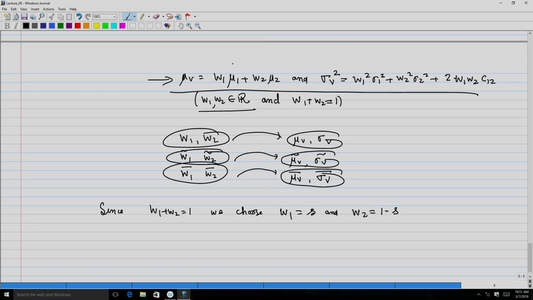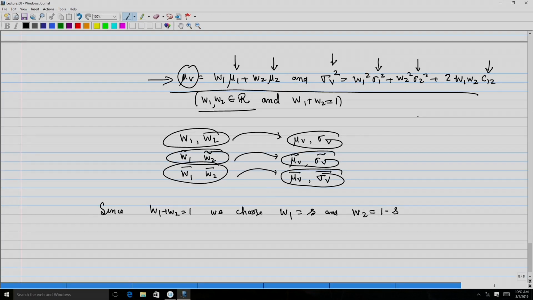So, remember in this expression for mu v, your mu 1 and mu 2 are known, or estimated making use of the historical data for each of the assets, and sigma 1 square, sigma 2 square and C 1 2 are the known terms in case of sigma v square.